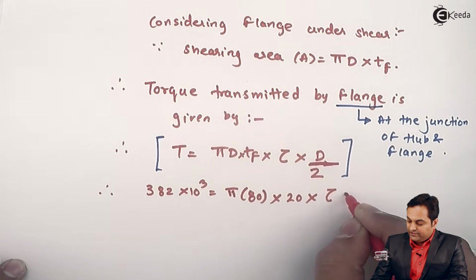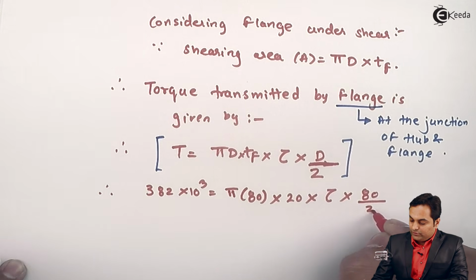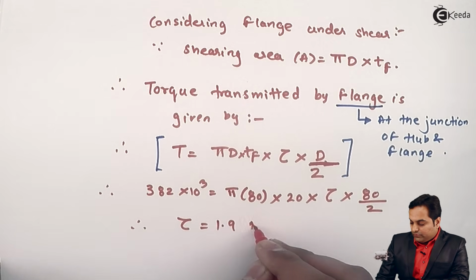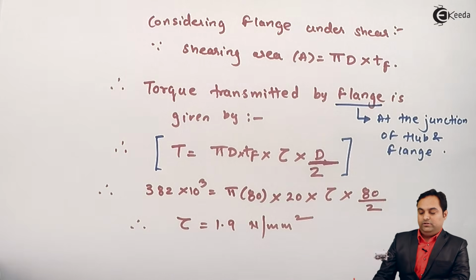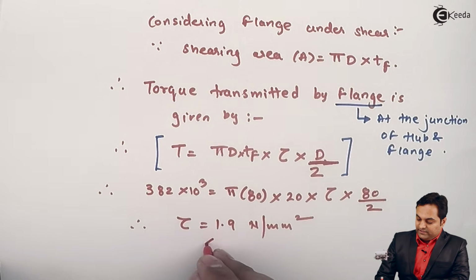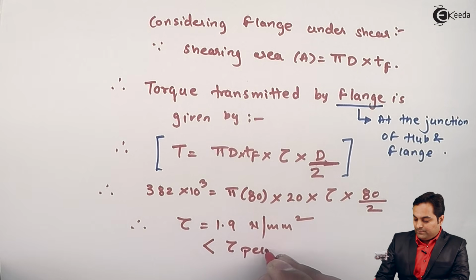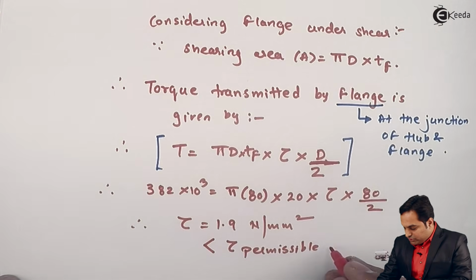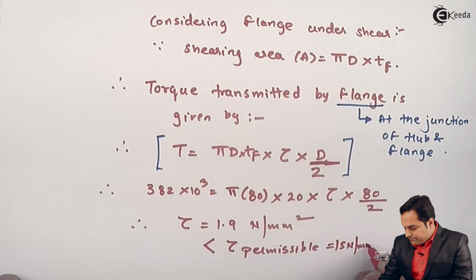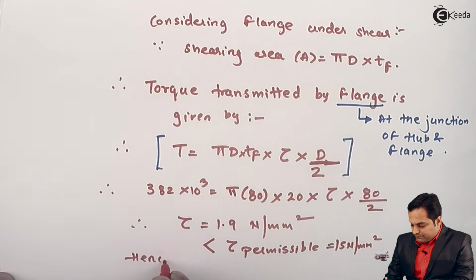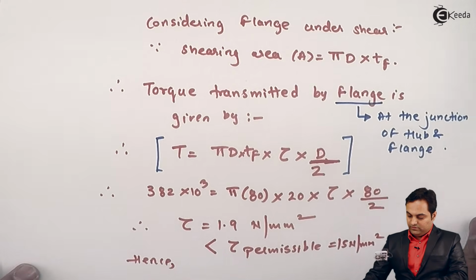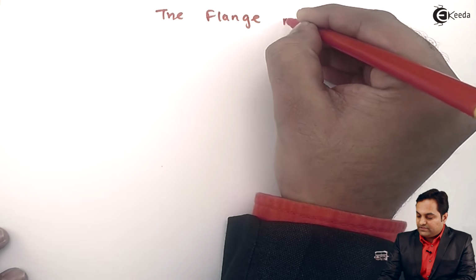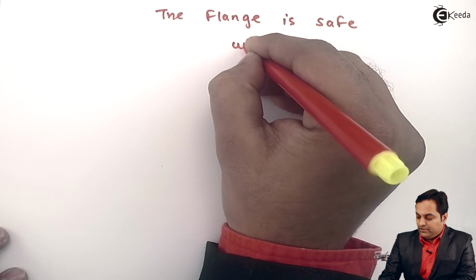Shear stress is what we have to find out. D is again 80. From this if I calculate, I'll get tau as 1.9 Newton per mm square. Now this value of shear stress is less than the permissible shear stress given for the flange, and that permissible value was 15 Newton per mm square. Hence the flange is safe under shear.